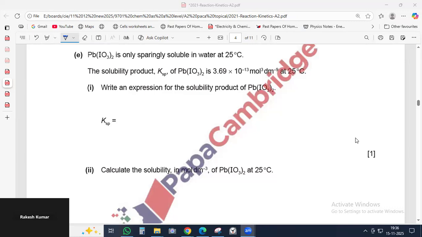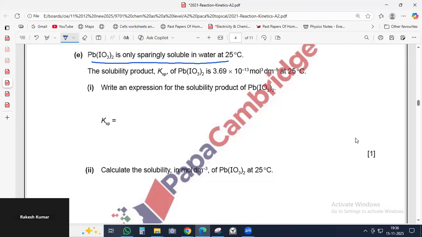Whenever you have a sparingly soluble salt, you take it, you take water, you start visualizing, and you put Pb(IO3)2 here. After some time, some part of this will dissolve and convert to Pb2+.